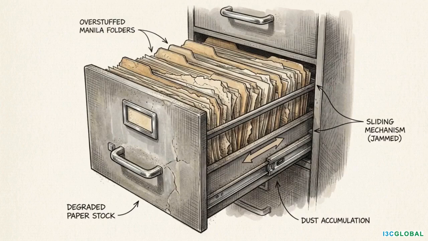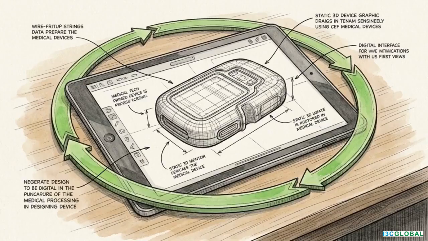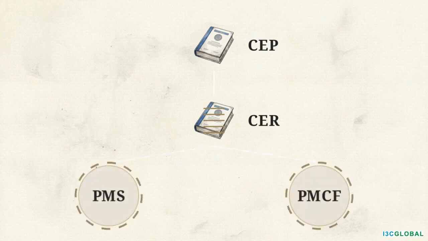The CEP is not a static document that is archived once a certificate is issued. It is the starting point for a continuous evaluation lifecycle. This diagram shows the relationship. The CEP provides the structural framework for the clinical evaluation report, which summarizes the actual clinical evidence gathered. The CER then determines the requirements for ongoing post-market surveillance and mandatory post-market clinical follow-up.